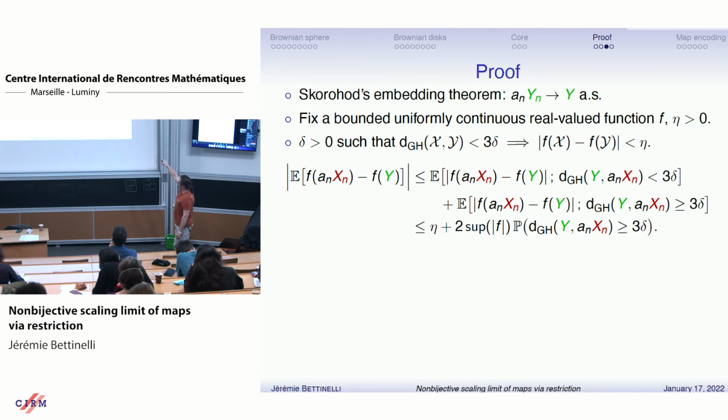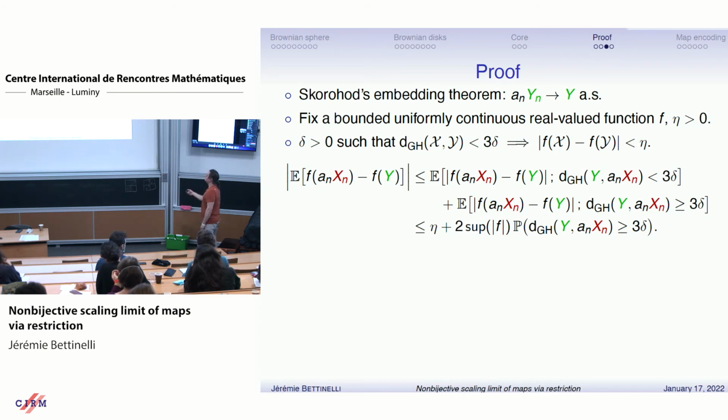So either a_n is close to x, or it is not. If a_n is close to y, then this is small. And otherwise, if a_x is far from y, then you can bound this by using the bound on f, and you get this inequality here.